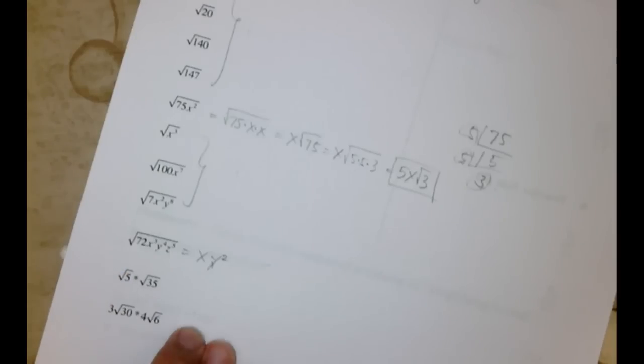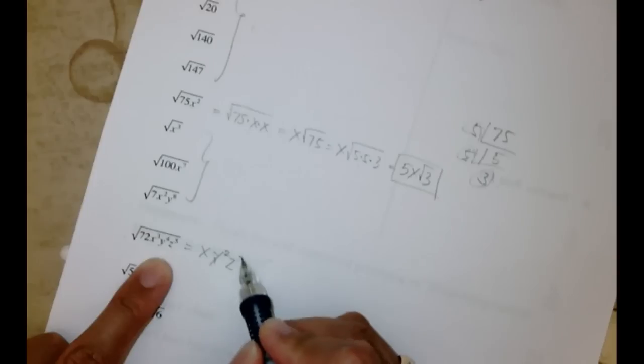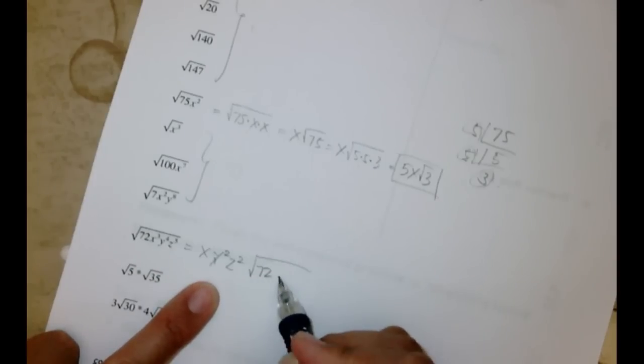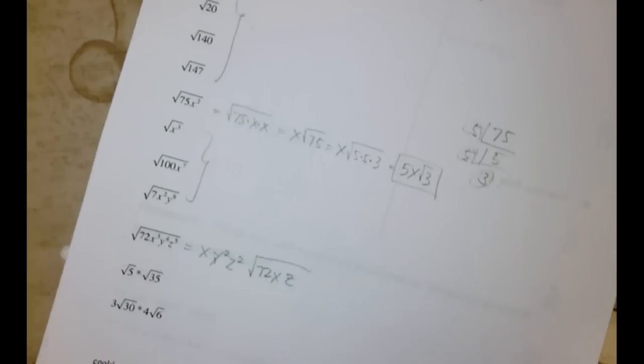You need 2 inside to become 1 outside. And there are 5 z's, so then it's a z squared, and then one of the z stays. So what's inside is 72, x, there's no more y, and z.